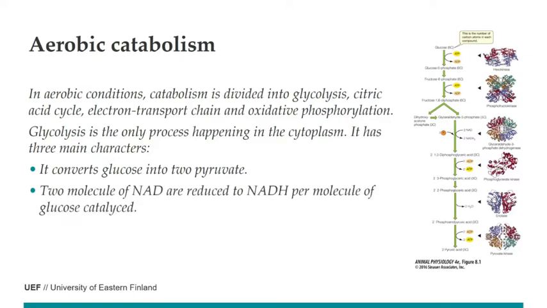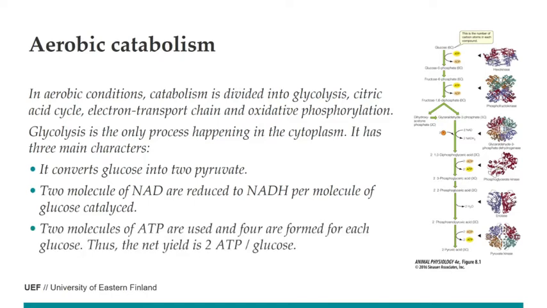There are two molecules of NAD that are reduced to NADH per molecule of glucose. It happens there in the middle, and only once in this chain, but because fructose 1,6-bisphosphate is cleaved into two sister molecules that can be converted to each other, we have the end of this road twice. And two molecules of ATP are used.